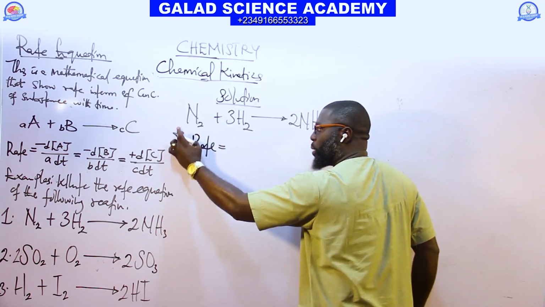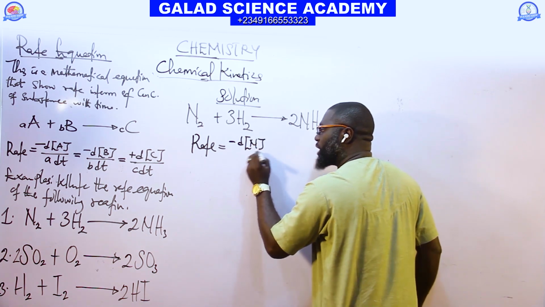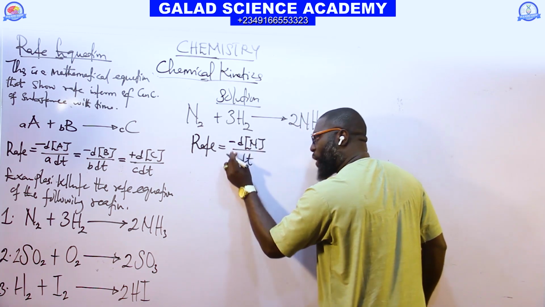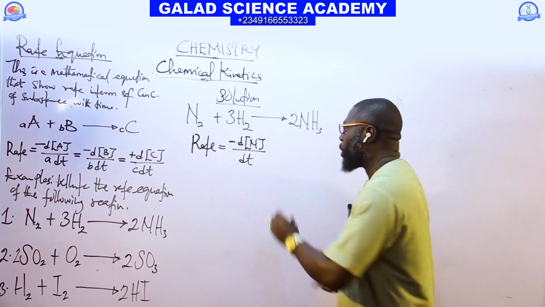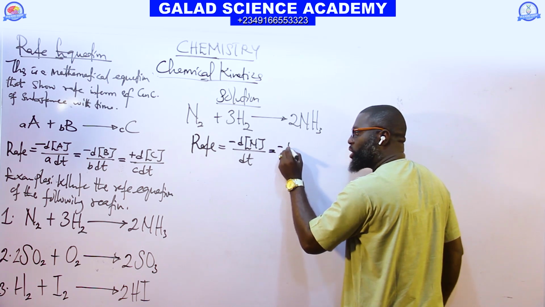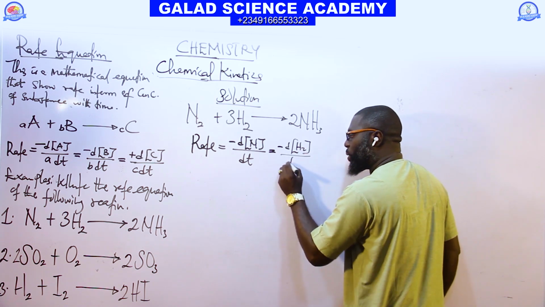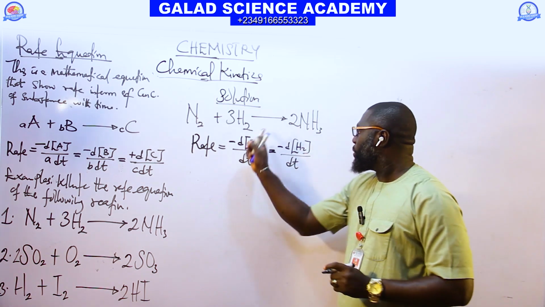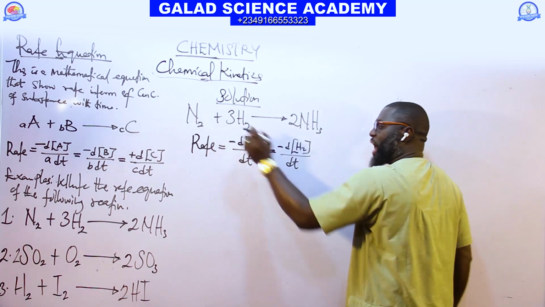We have 1 mole. It will be minus d concentration of N2 over dt over 1, because we have 1 mole here, equal to minus the concentration of hydrogen over dt. Why do we put minus here? Because it's also a reactant. What is the number of moles of hydrogen? 3.